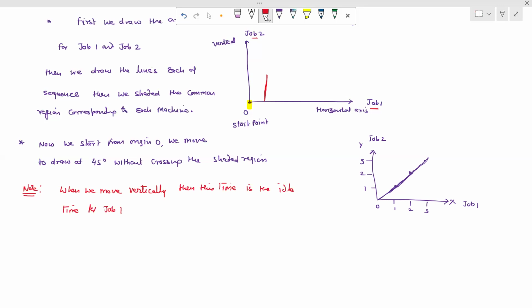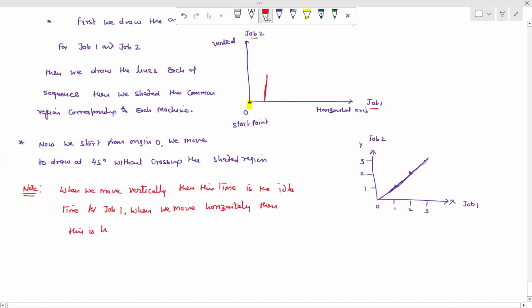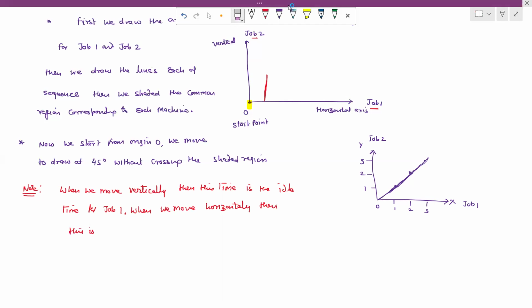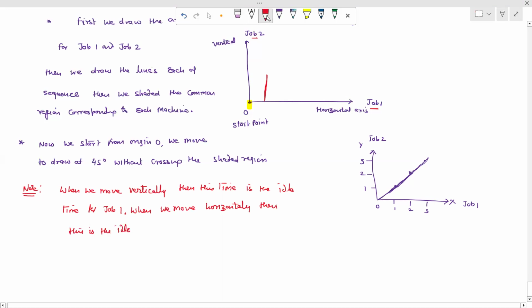In continuation, when we move horizontally, this is the idle time for job 2.